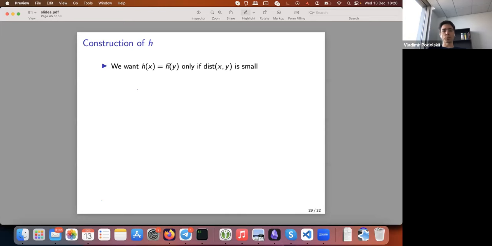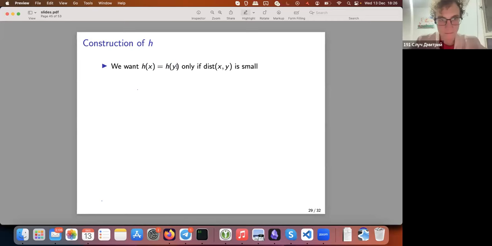So to show the communication complexity is small, we need to construct some H function, and we prove that if H is not equal on inputs on which our function outputs different values, then we are fine, right? So the idea is that we want H to be equal only if the points are near, and the idea is covering codes.